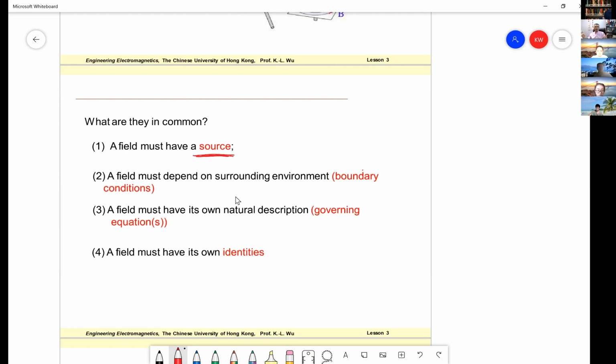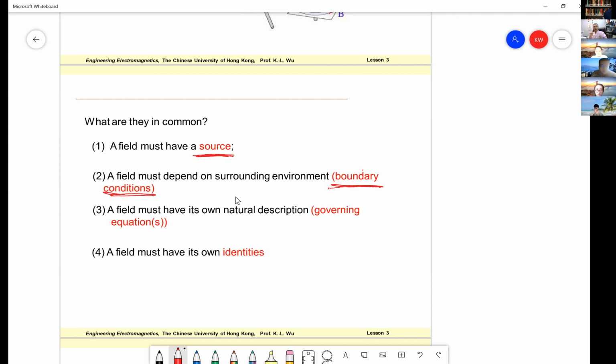Say, for example, if you have a magnetic field and you put another magnet near this conductor wire, do you think the field is still running around the wire like a circle? No, right? That will change because your boundary condition changed. So when we talk about a field, we must deal with the boundary condition.